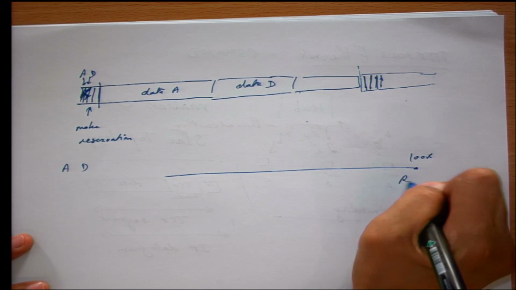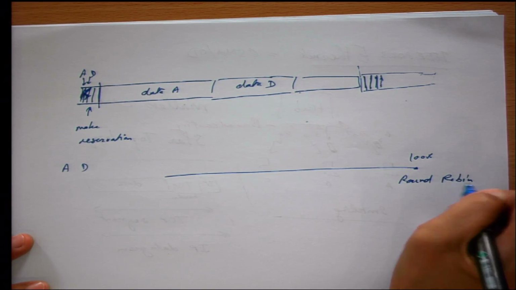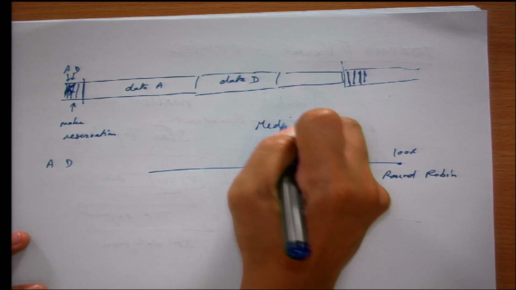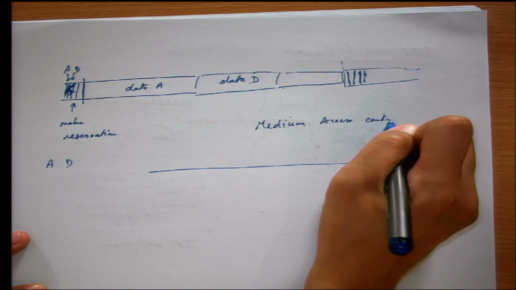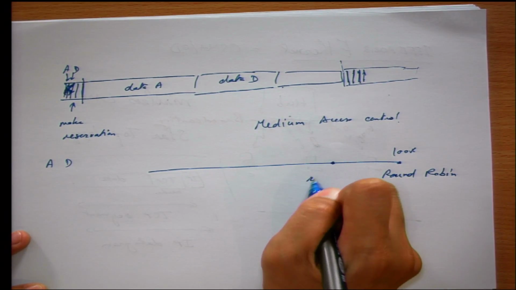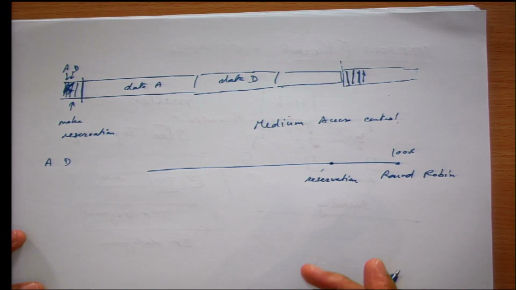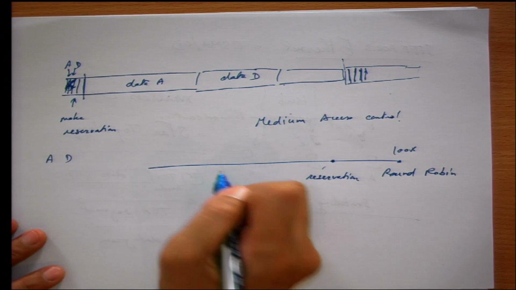This shows how much you control the medium access. Reservation is around here. The next one is called contention. Contention is around here.